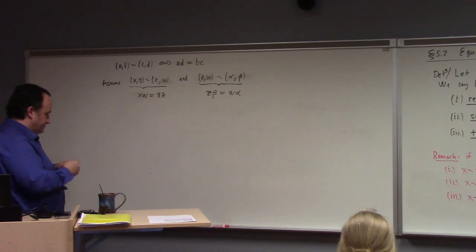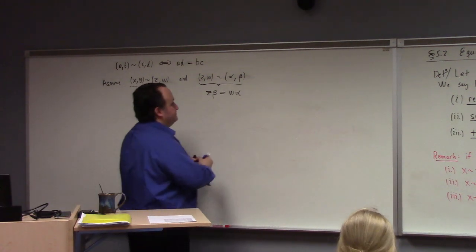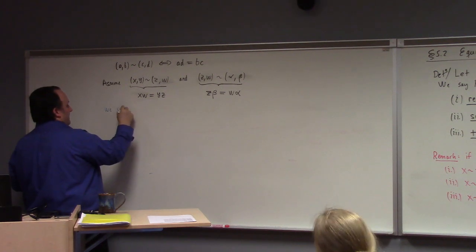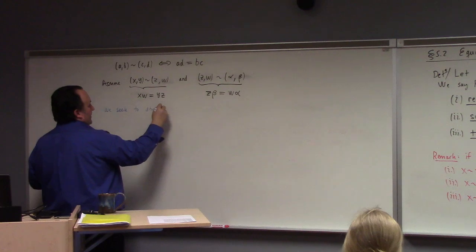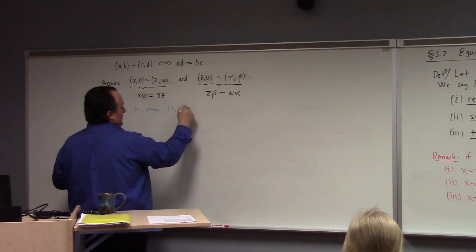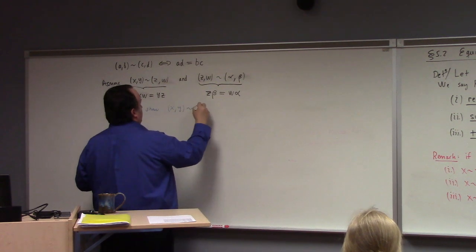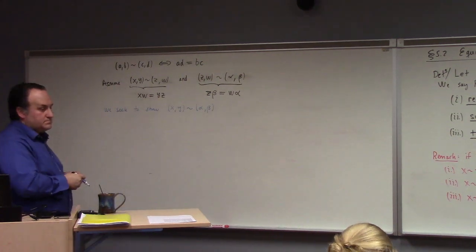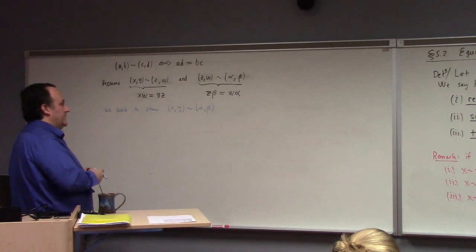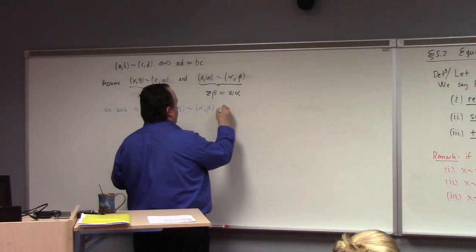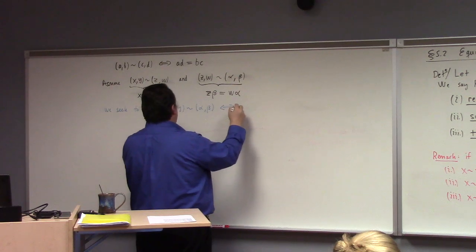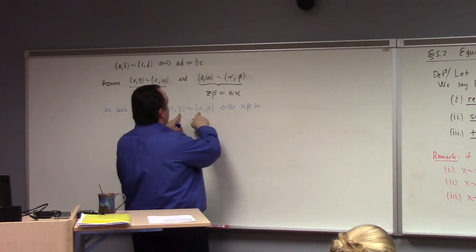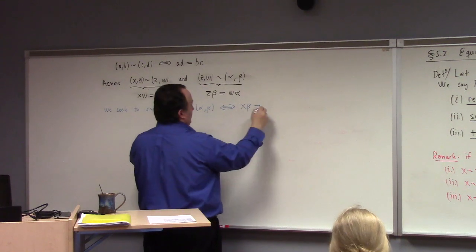What's our goal? We seek to show what? That XY is related to what? Alpha beta, right? That would show transitivity here. And so this is equivalent to what? We need X times beta, right? Is equal to Y times alpha.